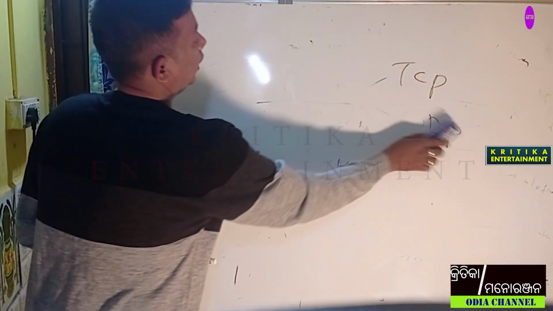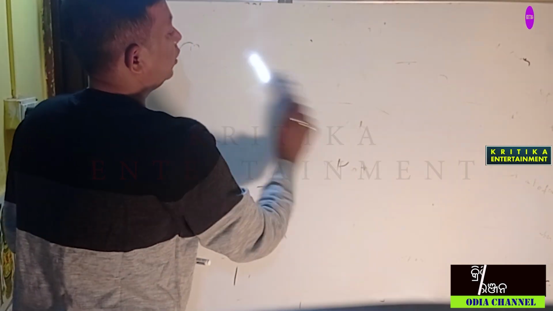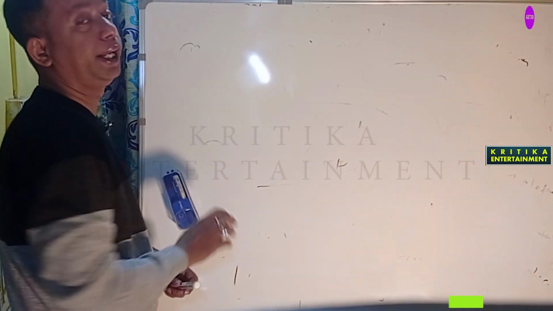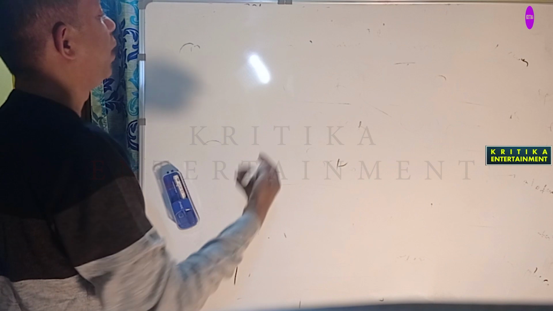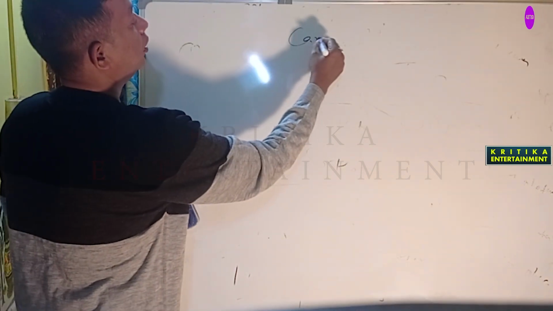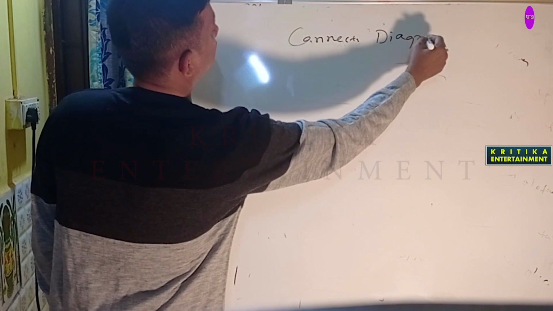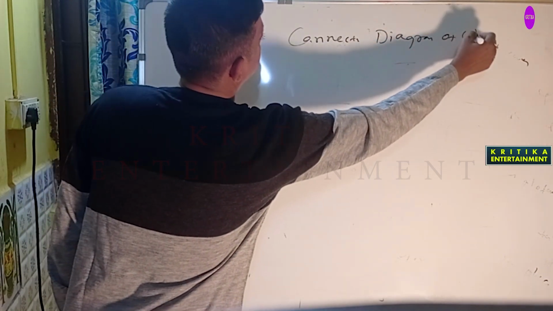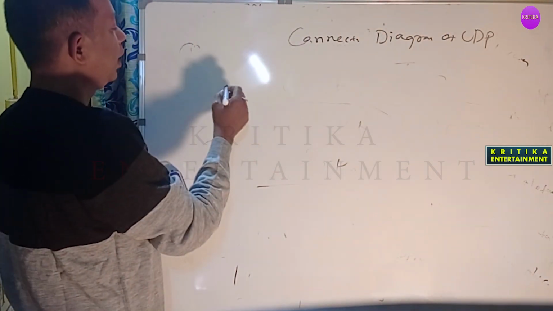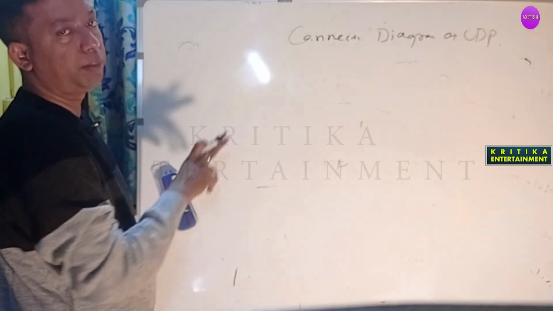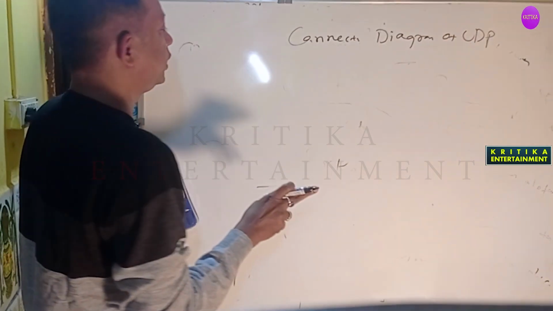Okay, next I will tell you the connection diagram of UDP. I have told you there are two terminals open, one is the sender, one is the receiver.